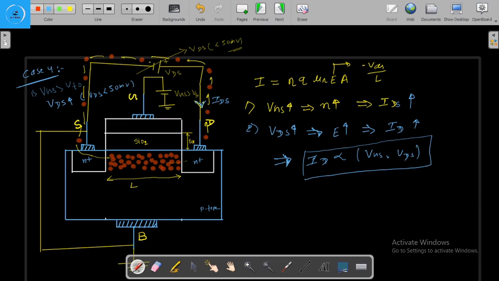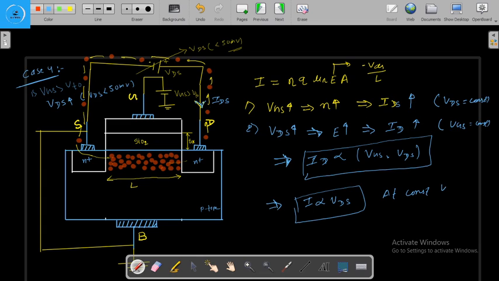And we can also say that when we have applied a very little drain voltage, the drain current is increasing linearly with applying this VDS, at a constant gate voltage. Here we have kept VDS constant, and here we have kept VGS constant.